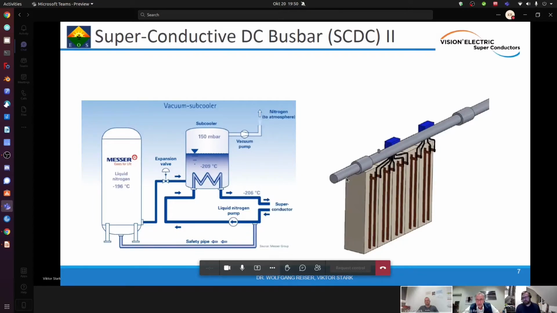And the blue cases you see on these tap-off boxes actually contain 3 different functions. The first function is something we call the interface between superconductor and copper.